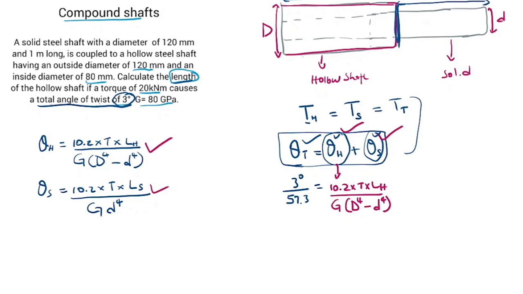Plus, for the solid part, it is 10.2 times the torque times the length divided by modulus of rigidity times the diameter to the power 4. Just put it here.